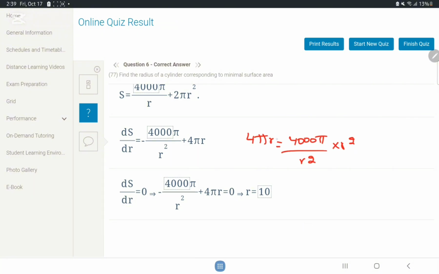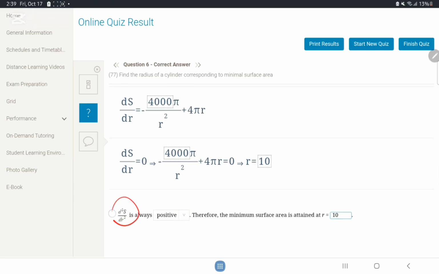Multiply by r squared on both sides, or cross multiply, and you will get r times r squared will be r cubed. Divide by 4 pi on both sides, pi and pi will cancel out, and you will get r cubed is equal to 1000, and cube root, r will be equal to 10.